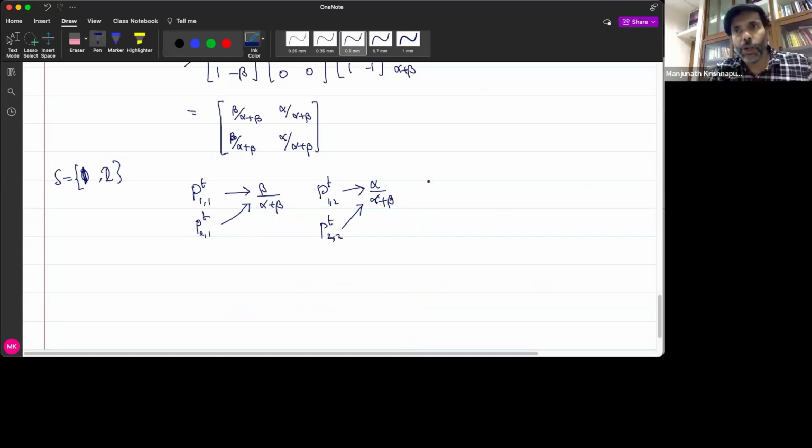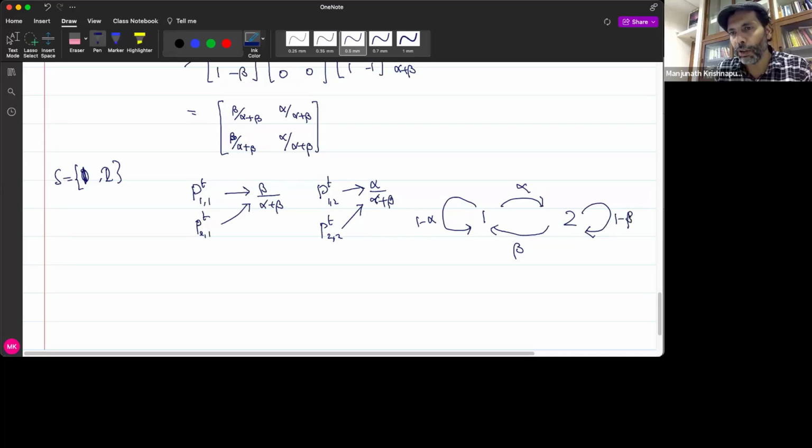And we should also cross-check against common sense. Why is this like this? Remember, from state 1 to state 1, we stay with probability 1 minus alpha, and we go to state 2 with probability alpha. From state 2 to state 1, we go with probability beta, and we stay with probability 1 minus beta. Now, if beta is large, that means from state 2 you are quickly running away to state 1.